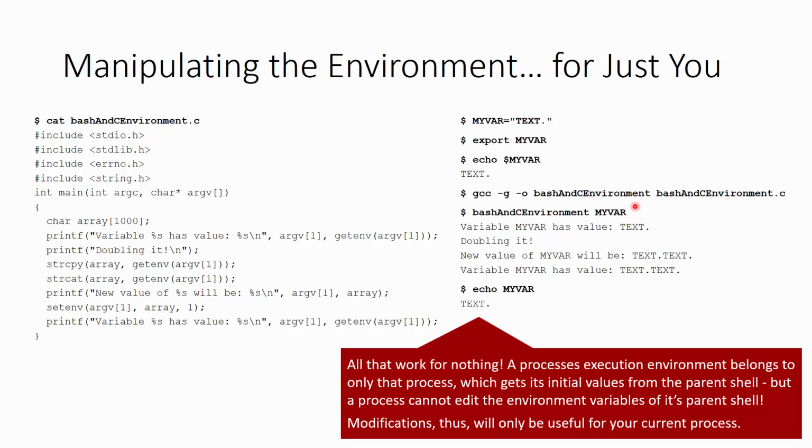But a process cannot edit the environment variables of its parent shell. That would be a major security hole if you could. So any modifications that you do to your environment is only useful for your current process, which makes editing them and storing new values into them not very useful. It's definitely not very useful at all.